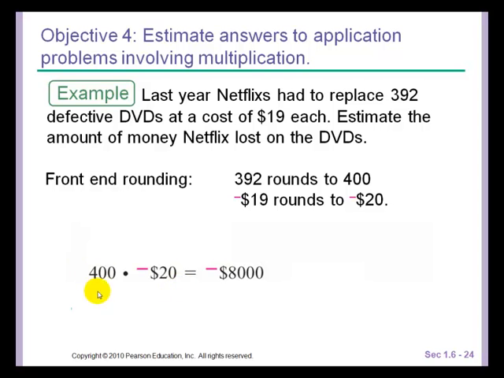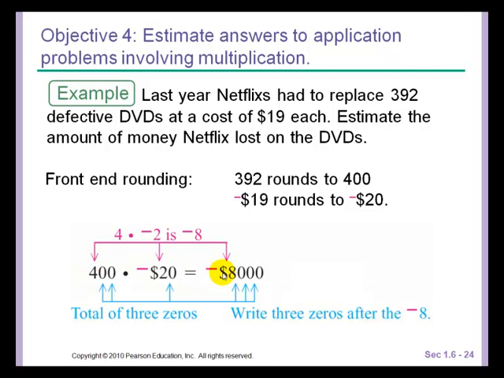Then we would multiply 400 times negative 20 is negative 8,000. So notice the 4 times the negative 2 is the negative 8, and then we have those 3 zeros. Multiplying with zeros is actually pretty easy, which is why front-end rounding makes rounding with multiplication pretty easy.